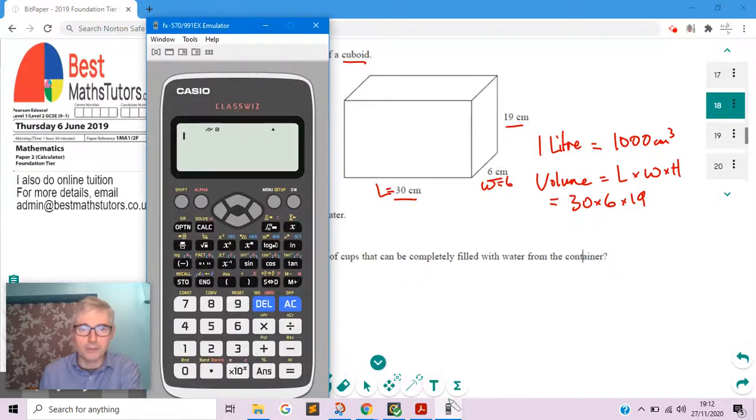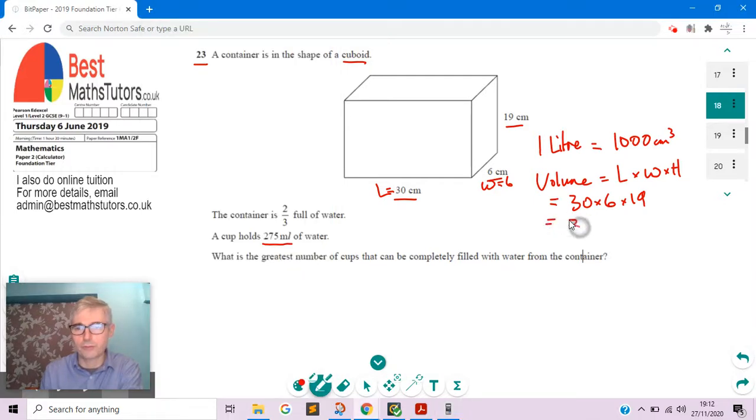And because we're on the calculator paper, I'm just going to type them straight into the calculator. 30 times 6 times 19. And for that, 3,420. And so that's centimetres cubed, because we've been working in centimetres here.